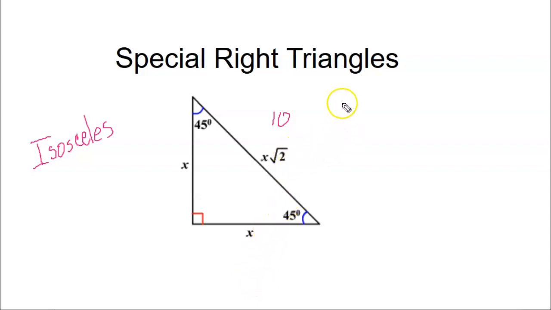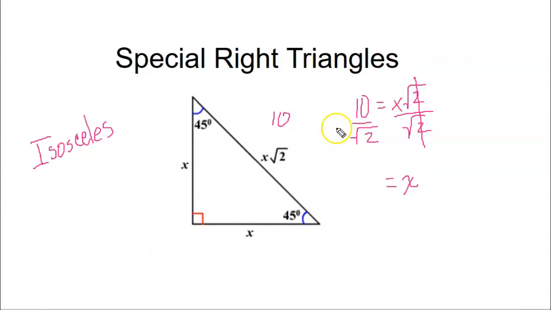And so if 10 is equal to x times the square root of 2, and we want to know what these two sides are so we can write the coordinates of the point, I am going to have to actually divide both sides by the square root of 2. The problem that causes is that we can't leave a square root in the denominator.